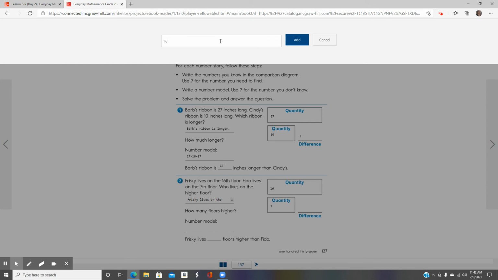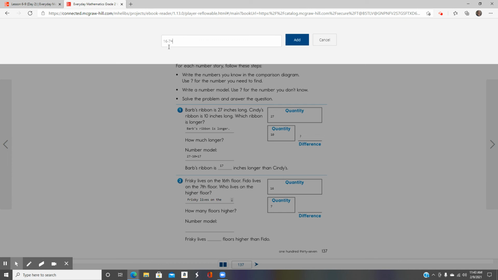But that's only because I want you to get in that habit of always putting the larger number first so you don't get confused when you have to do a subtraction problem. So we're comparing, therefore we put a minus sign, and we're minusing the other quantity, which is 7, equals, okay, 16 take away 7, or minus 7.